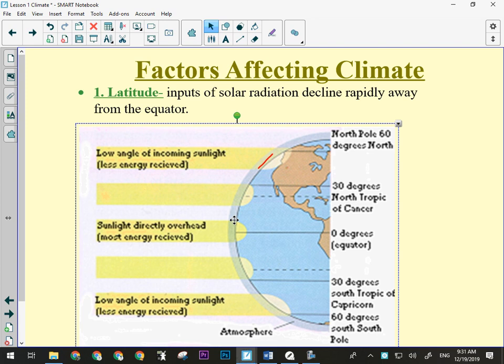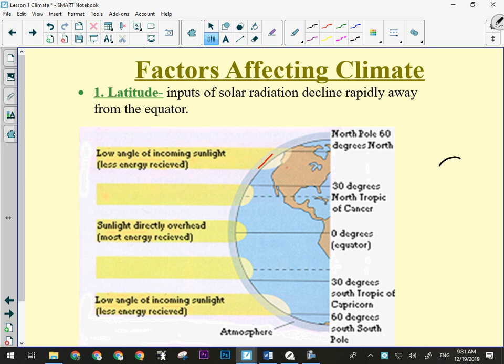Okay. Now, the other problem is that the Earth is tilted. And so right now, in fact, in 2 days from now, on Saturday, we will be tilted as far away from the sun as possible, 23.5 degrees. Okay? So that line that I've just drawn there is the Earth's axis. This would be the North Pole.